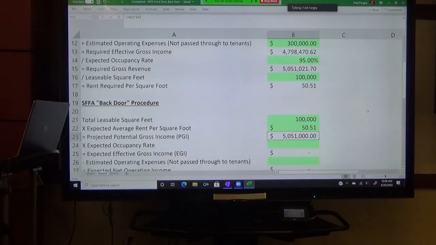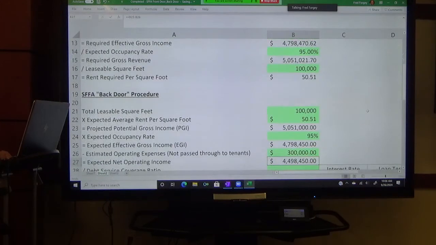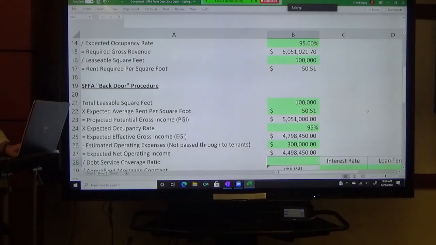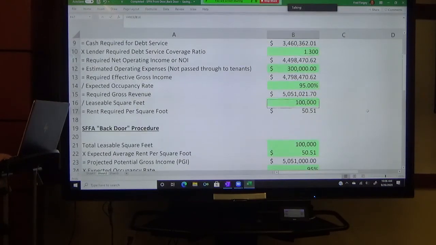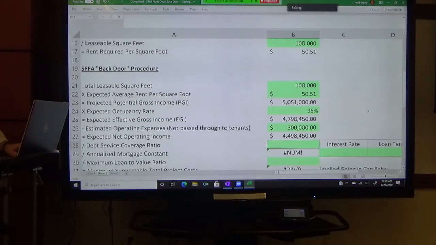Okay? Occupancy, 95%. Expenses, and what do we say our debt coverage ratio was? 1.3.